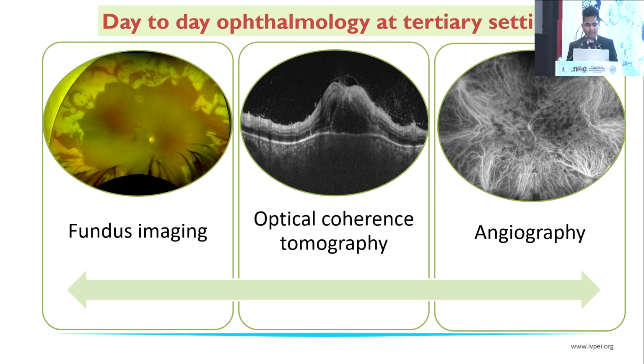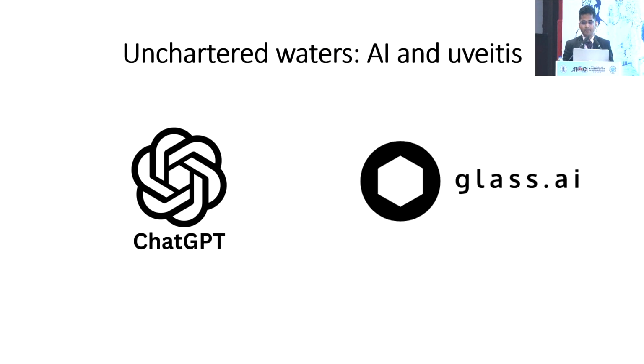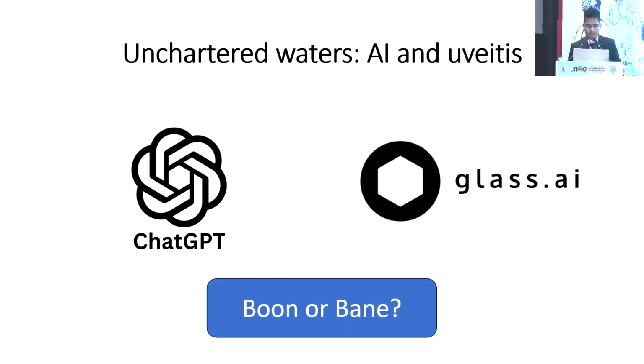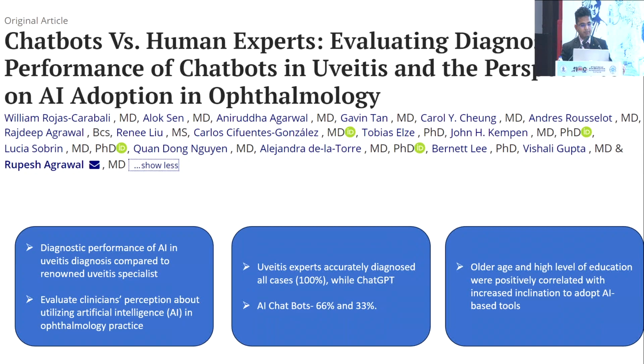Day-to-day practice, as we have been seeing in the morning, has been with fundus imaging, OCT, and angiography in uveitis. And can AI interpret these images is a question that we ask ourselves, and this is something like uncharted waters. Is it a boon or bane? Maybe time would be a good judge of it.